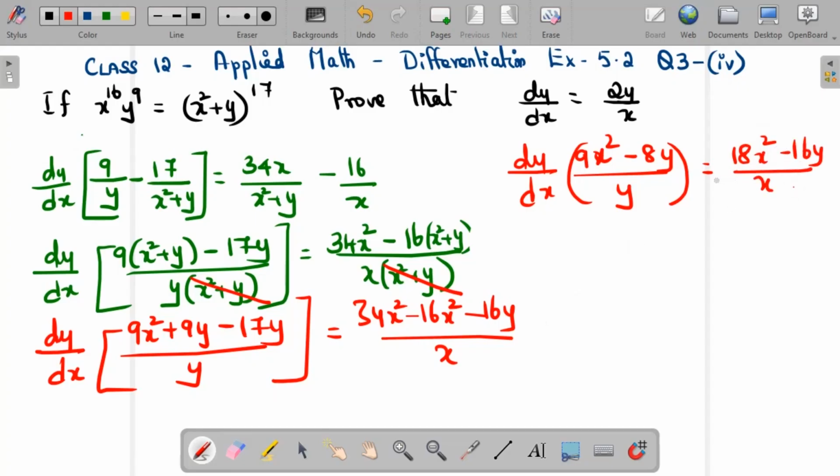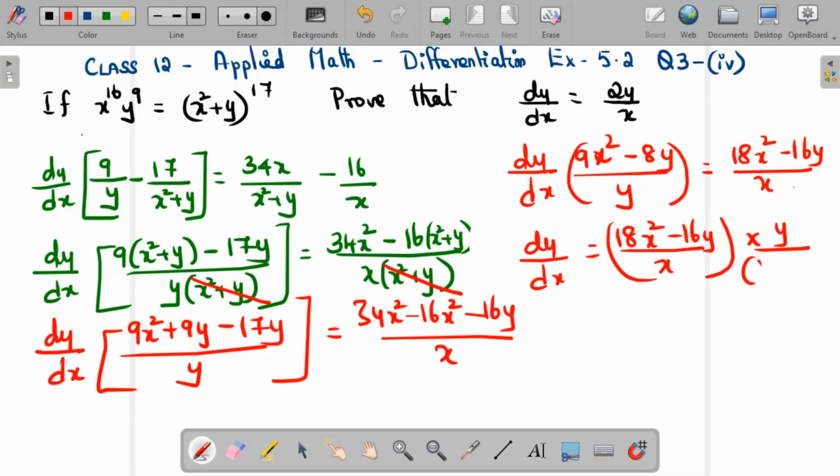So the next step is to take it to the other side. So dy/dx is equal to (18x² minus 16y) by x, and this time the y goes on the top, divided by (9x² minus 8y). Here I'm going to take 2 as a common term. So this will become 2(9x² minus 8y).